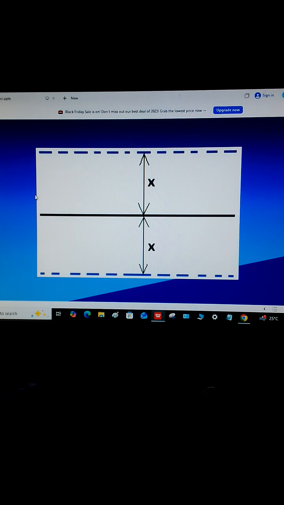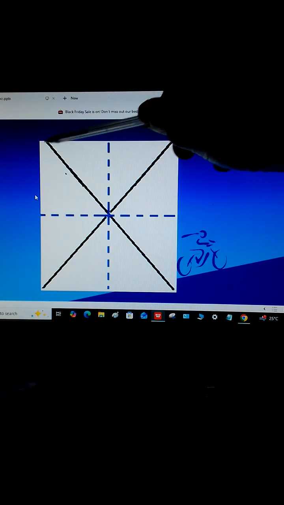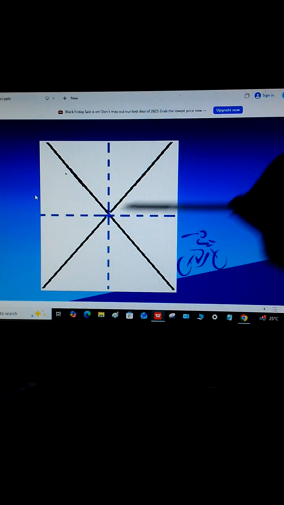Okay, we go to the other case where we have intersecting straight lines. So the locus of points which are equidistant from two intersecting straight lines. So these are the straight lines which are intersecting.